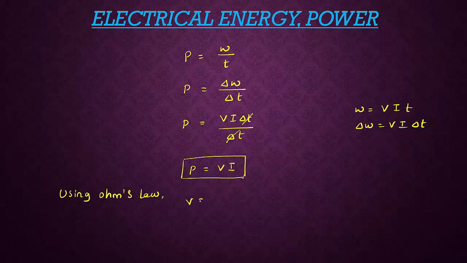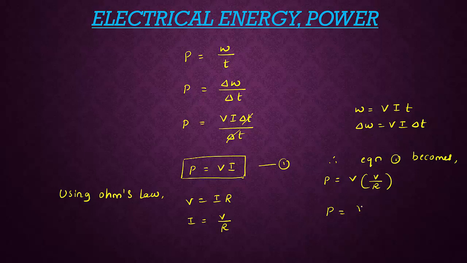V equal to IR, or I equal to V divided by R. Therefore, equation 1 can be written as P equal to V into I. In place of I, we can write V divided by R. So we got P equal to V square divided by R. This is also one more expression for power.